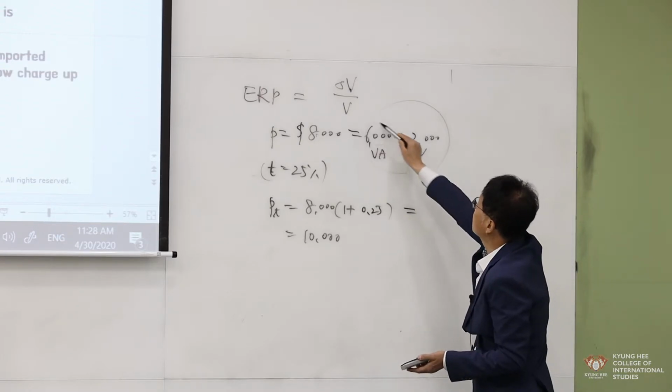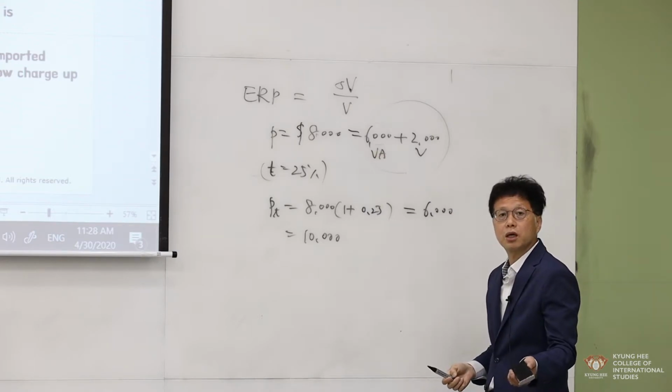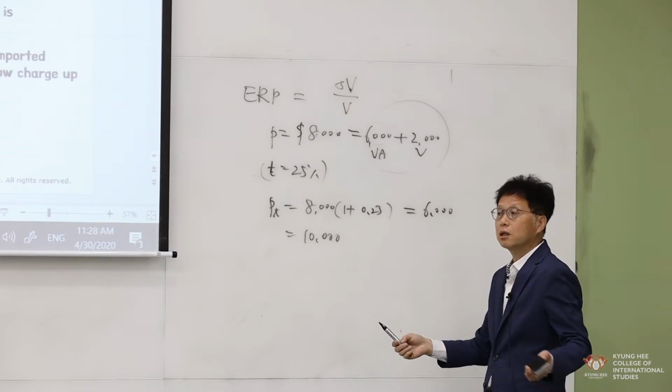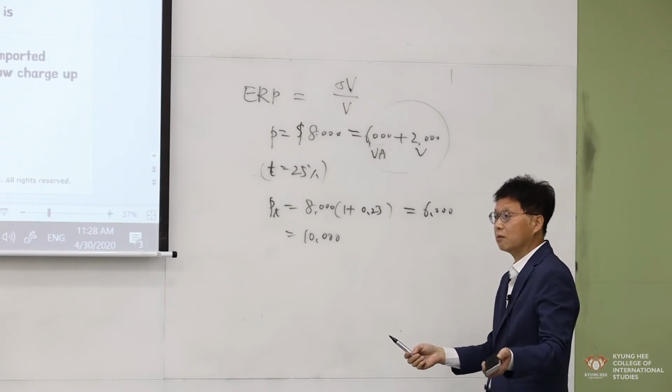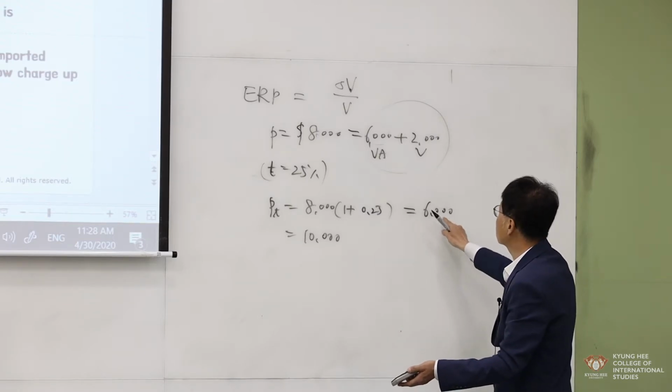And the factors of production are the same before and after imposition of the tariff. Rental price of land, capital, and the wage rate are the same. So the value of factors of production is $6,000.